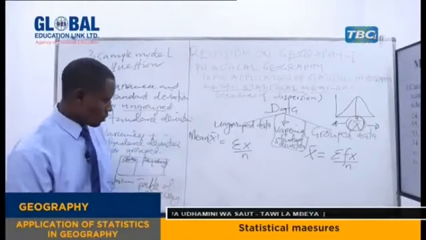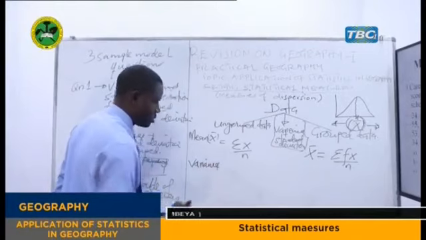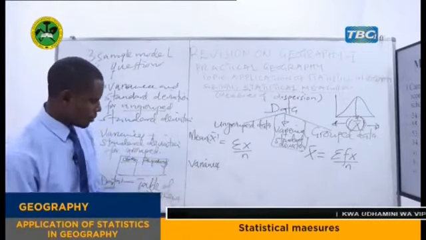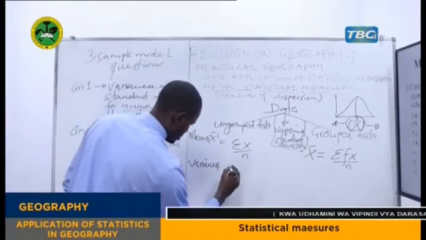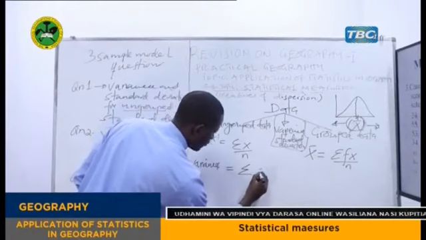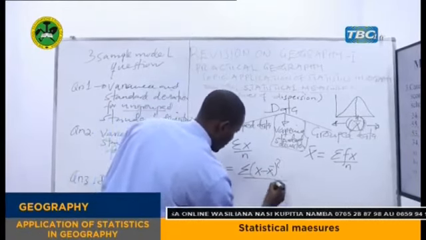Then again, because we're talking about the variance, the variance for ungrouped data is equal to the summation of (x minus x bar) squared, then divided by n.